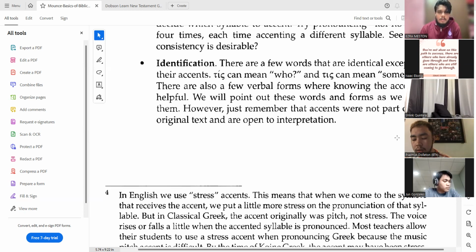So identification, the tis can mean someone. Tis is considered an indefinite pronoun, referring to someone, but unlike a definite one. So I have something here with me. What is that something?